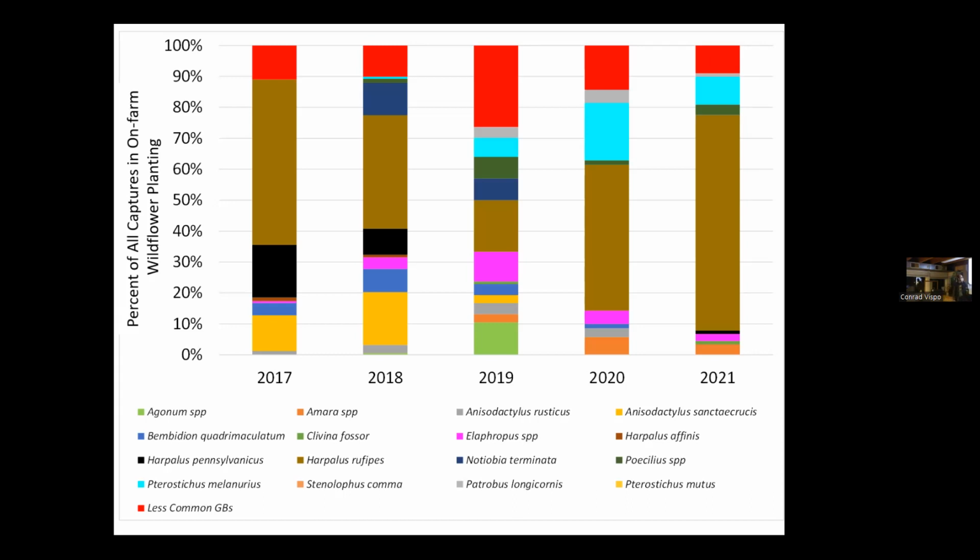Don't worry about who the species are, but each color represents a different species. And it shows you how the composition of the ground beetle community changed across the years. Does that make sense? Forget about these little names down here and just look, the question being, how has the pattern changed? Do you have any comments? How would you describe this?